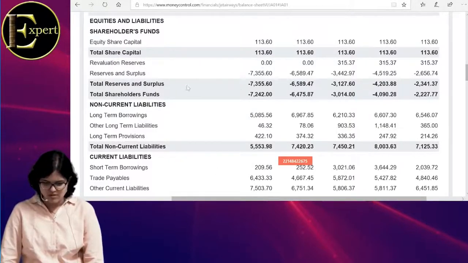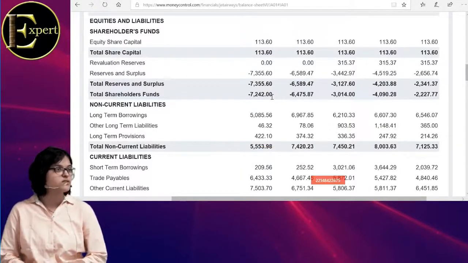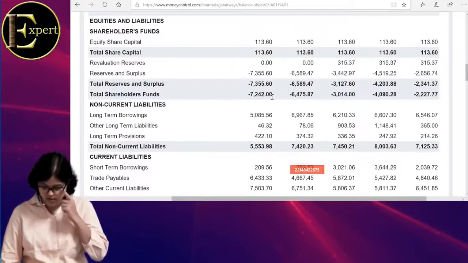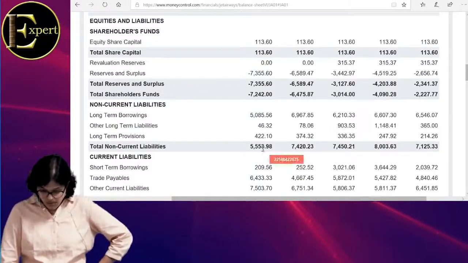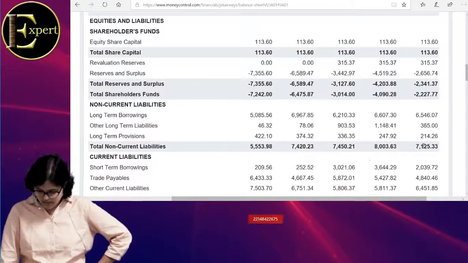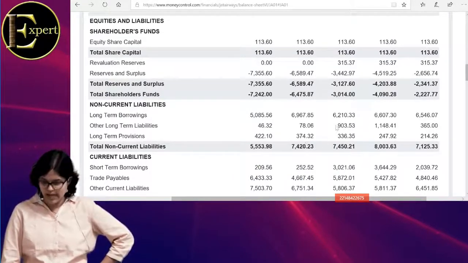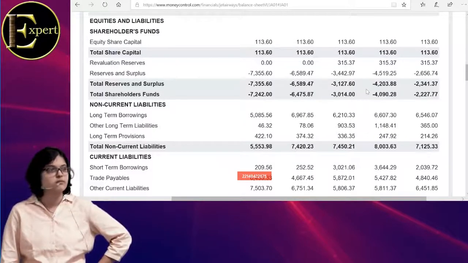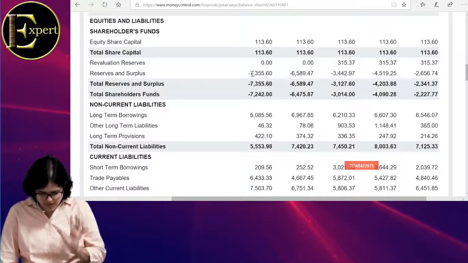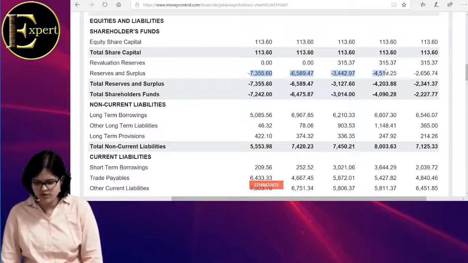Why would I invest in Jet Airways? See, long term debt. See, debt is, first of all, it's continuously on a higher side. It's nowhere on a lower side as compared to their equity. So now see, just for the moment, ignore this reserves and surplus, because this is taking you to your losses. Ignore this for one moment.